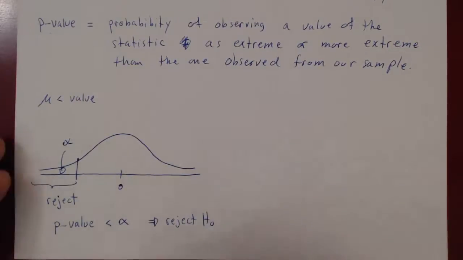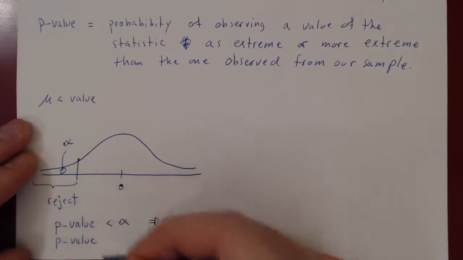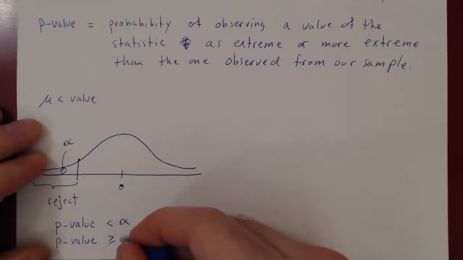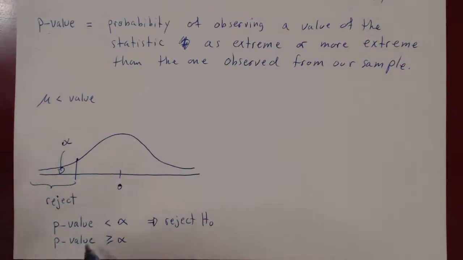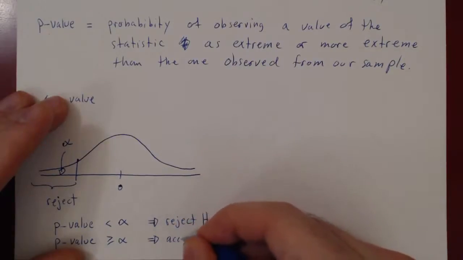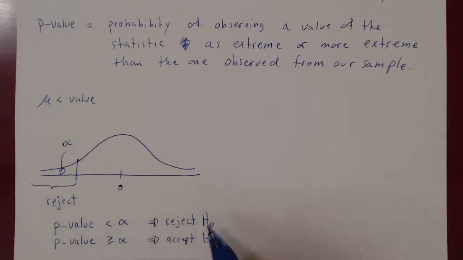On the other hand, if our p-value, the probability of observing something as extreme or more than we have observed, is at least alpha or bigger, then you say it's not that unlikely, and we would simply accept H naught. And that is the p-value approach.